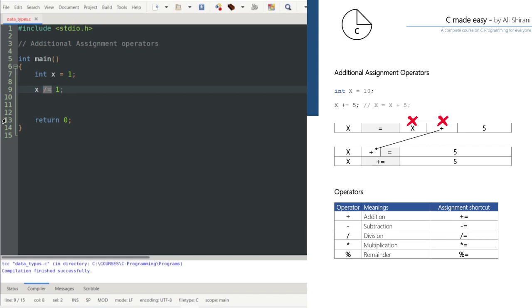This is a single operator. This is not two operators actually. So if you put a white space, the compiler is going to recognize it as two operators having been applied. So this two-character operator is a single operator.